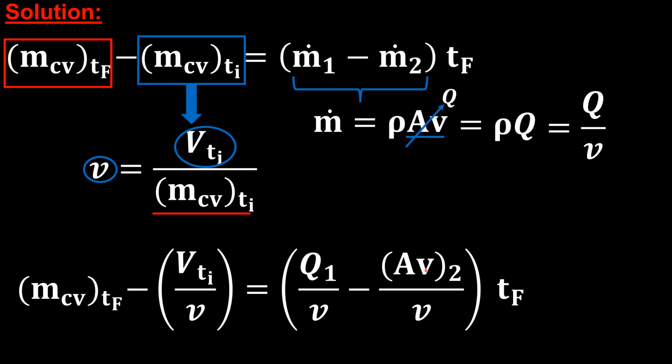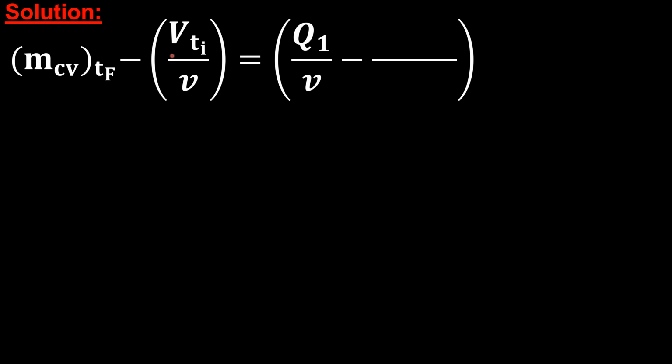And regarding pipe 2, we don't have the volumetric flow rate value, but we have area and velocity. We have diameter, from which we can find the area, and we have the velocity, dividing it by specific volume, and we have the final time, which is 24 hours.